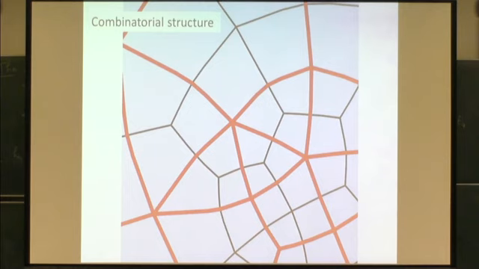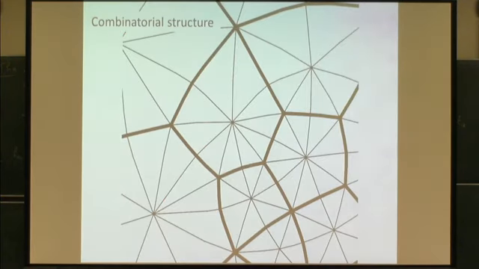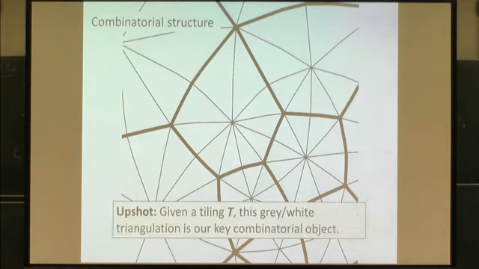And if you take those two together, there's a quad pattern underneath, the blue quads. And we use all three of these, and we break this into a triangulation. So this is the fundamental geometric starting point for me.